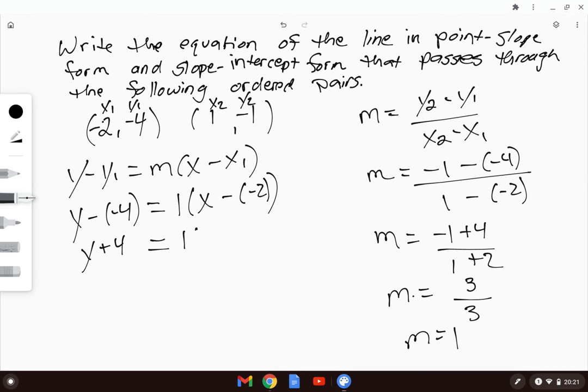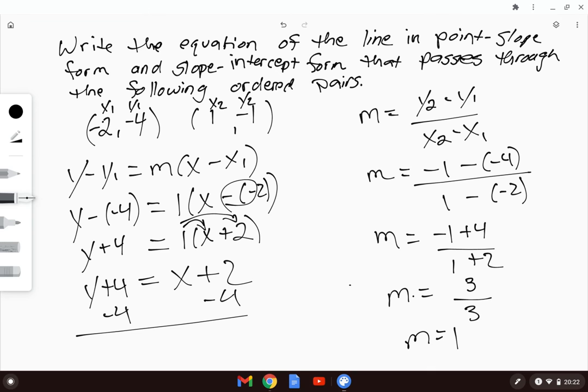And this is still going to be 1 times x. These two negatives will make a positive, so that becomes plus 2. All right, now I'll go ahead and distribute that 1. And then I'll just add or subtract the y1 at this point. So 2 minus 4 is -2.